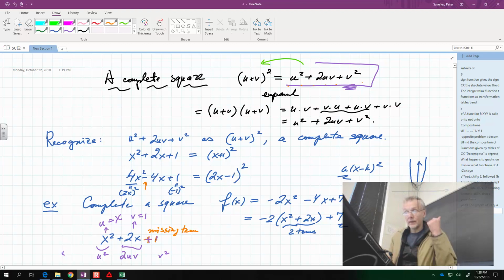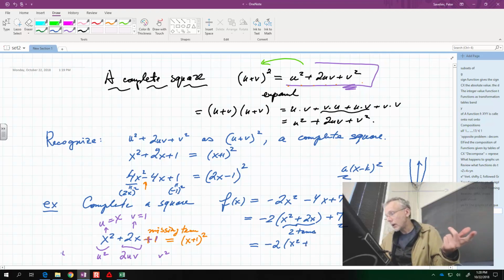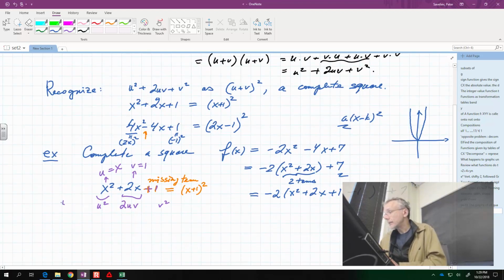So then this is a complete square, and you actually can finish the job if you like. It will be x plus 1 squared. That will be part of the answer. We just have to do a little bit more work, but that's not any trouble, because I need that missing term 1 over here, right? I don't have it, so what I do is add and subtract it like this. That missing term, plus 1, I add and subtract.